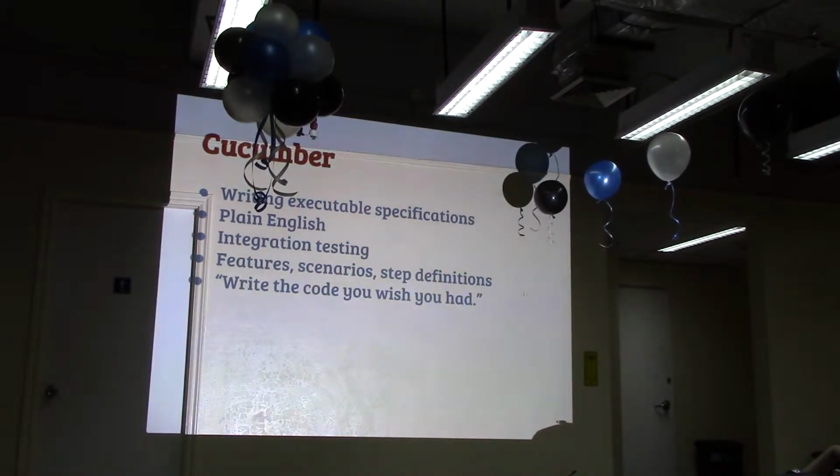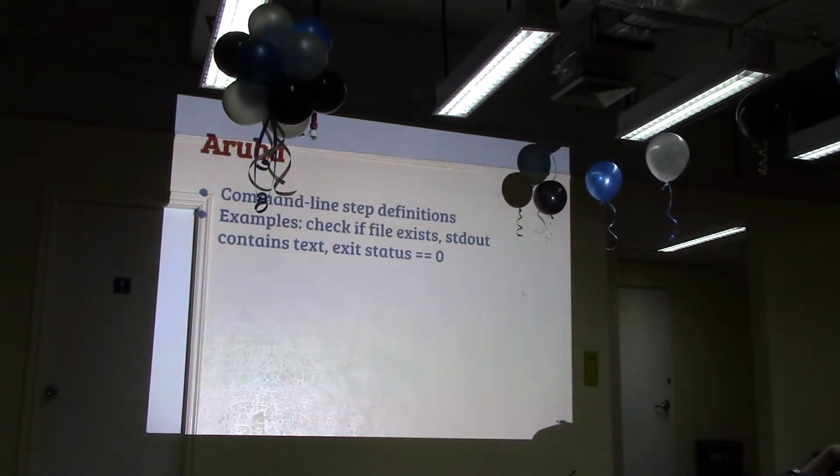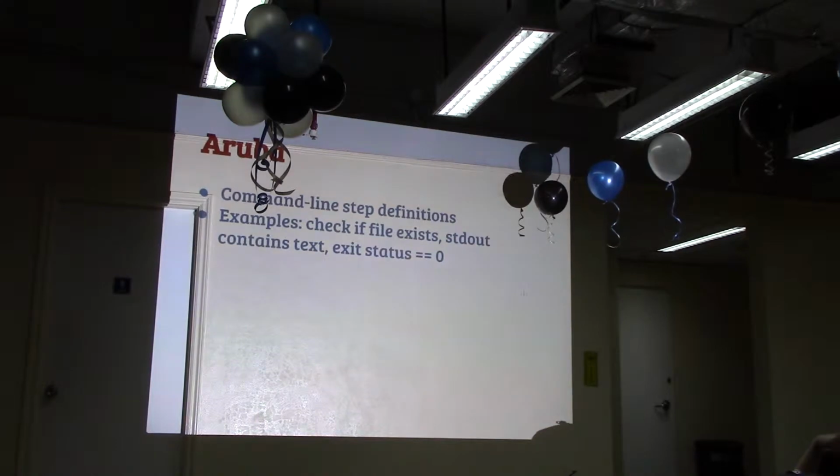And ultimately, it forces you for each step to write the code that you wish you had. Or so it goes. For command line applications, there are a lot of repetitive steps like checking if certain files exist, or checking if directories are set up or exit statuses are returned by certain processes.